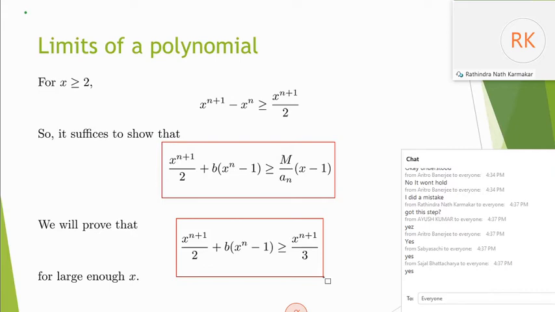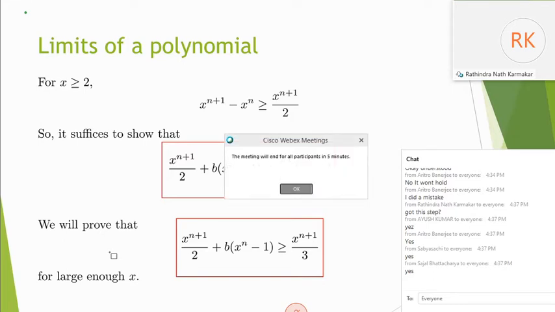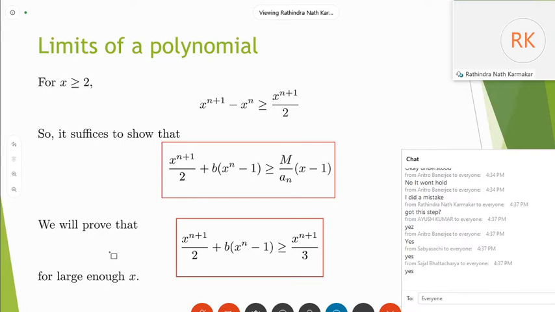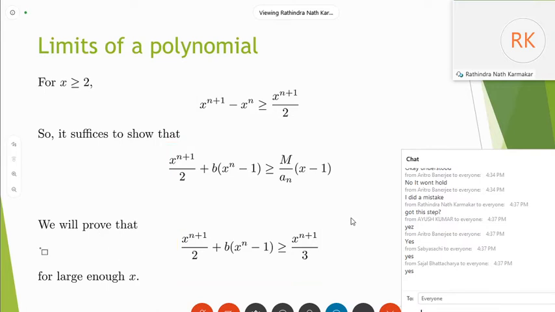And so we will just use the transitivity, that if a is greater than or equal to b and b is greater than or equal to c, then a is greater than or equal to c. So we will prove this last inequality now, this with the x power n plus 1 by 3 on the right hand side. This proof is a bit complicated, and if you are done, let me know. I will move on to the next slide.